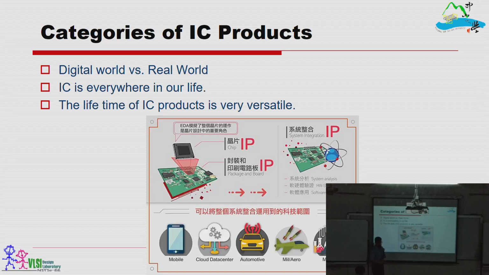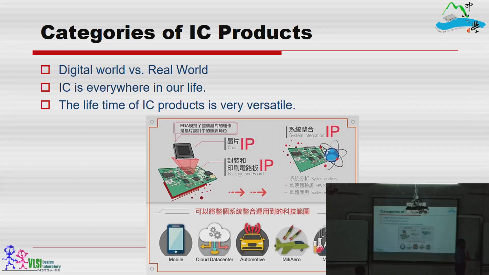And then you see the projector and the contents I'm showing you, it's also by ICs. So this thing penetrates very deeply in our life. But the lifetime of IC products is very versatile. Different ICs have quite different lifespans. For example, for the cell phone, most students will use it for 3 to 5 years.